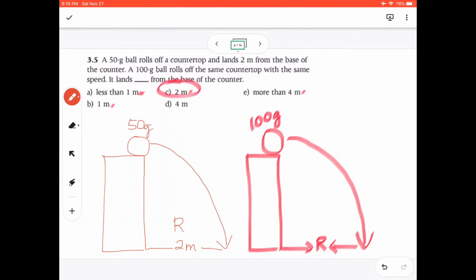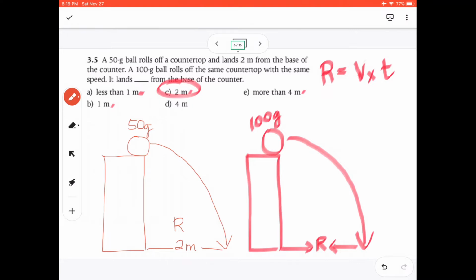Why? Because the formula for the range, for horizontal projectile motion, is equal to Vx, the velocity, times time. There's no mass in our formula.